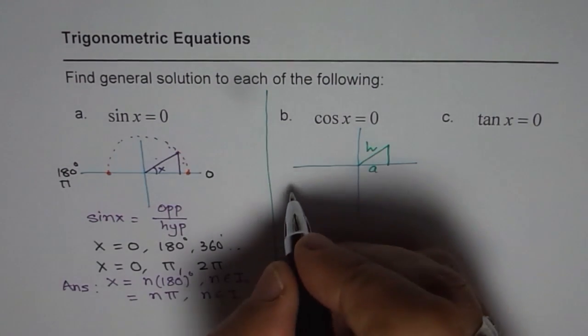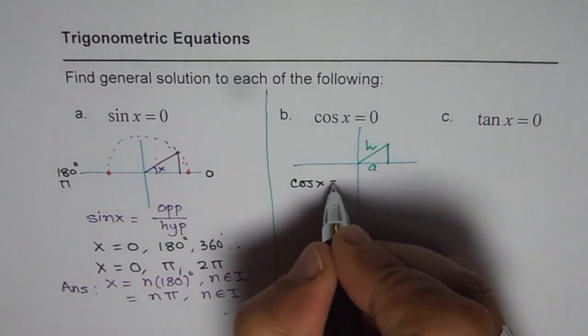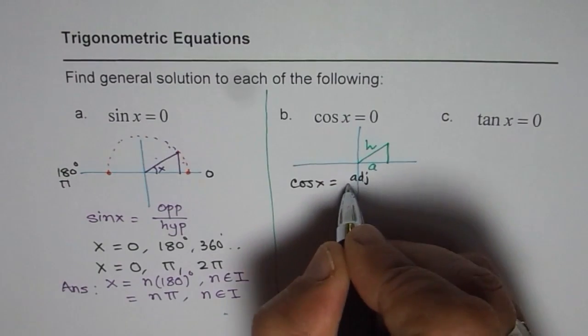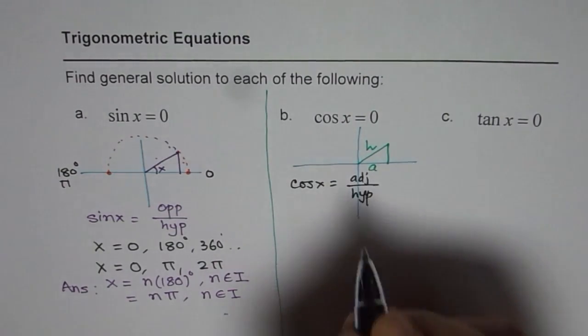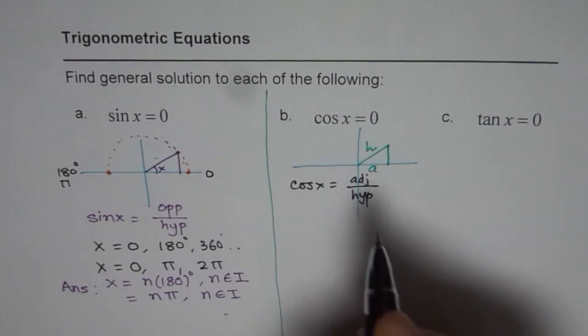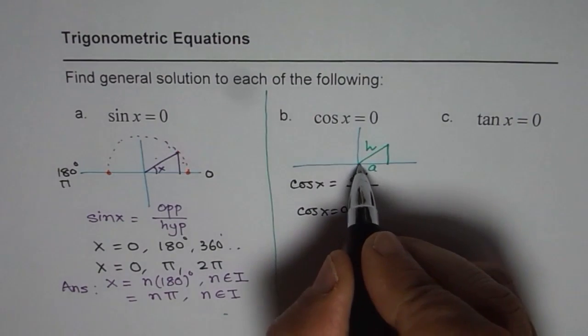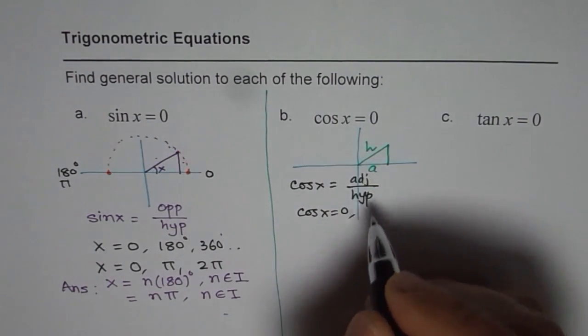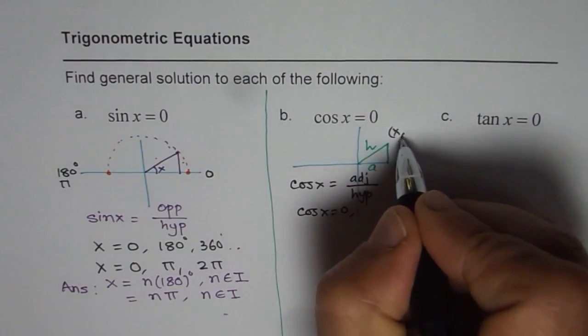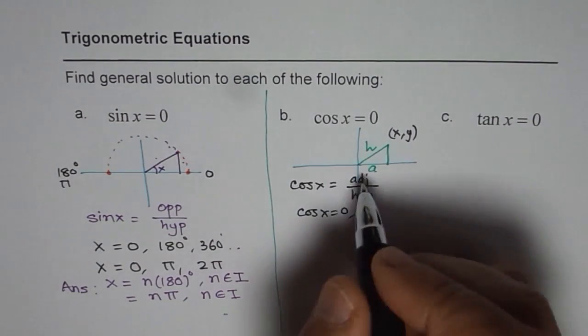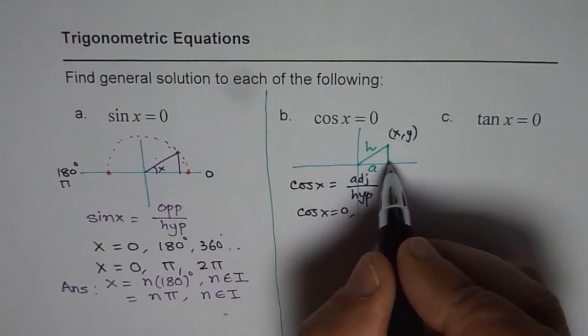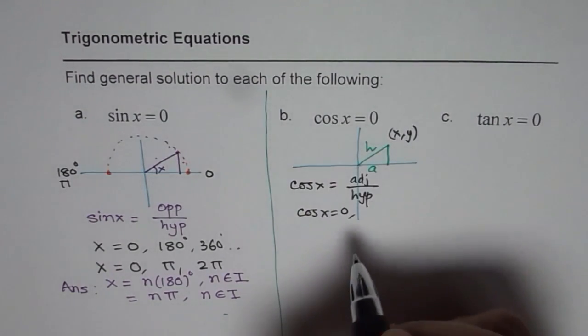So let me write down here cos x equals to adjacent over hypotenuse. Now if I want cos x to be 0, cos x equals to 0 means adjacent side is 0, right? Or at times when we are talking about the coordinate x and y, then adjacent side is x, right? So this x value is 0.